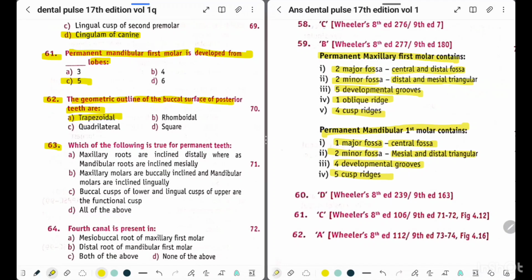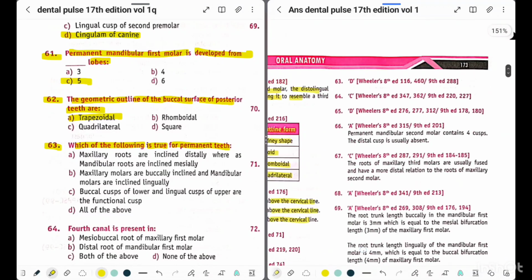Question 63. Which of the following is true for permanent teeth? Option A. Maxillary roots are inclined distally, whereas mandibular roots are inclined mesially. Option B. Maxillary molars are buccally inclined and mandibular molars are inclined lingually. Option C. Buccal cusp of lower and lingual cusp of upper are functional cusp. Option D. All of the above.